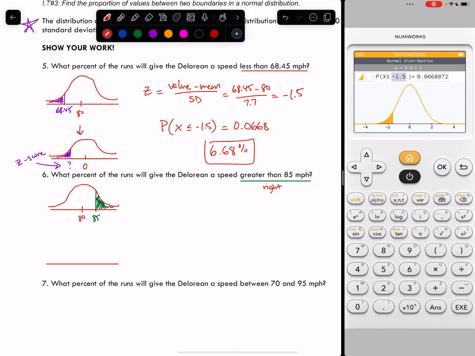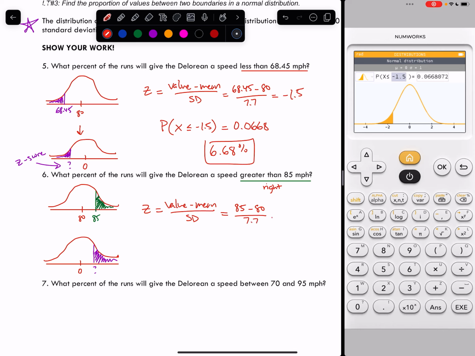We need to convert that to a standardized graph, our mean at 0. And we need to figure out what that value there is. So I need to figure out my z-score. Z equals value minus mean over standard deviation. So 85 minus 80 over 7.7.